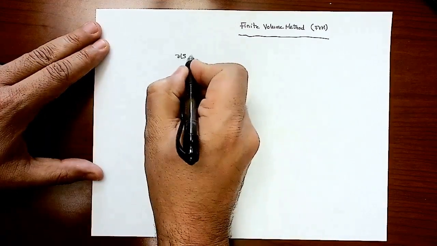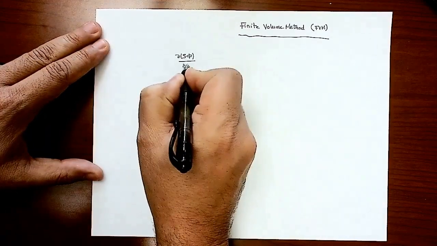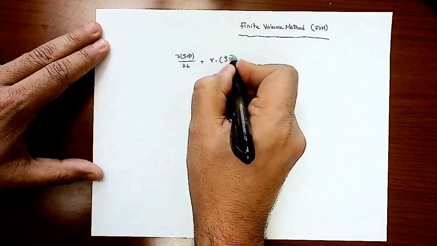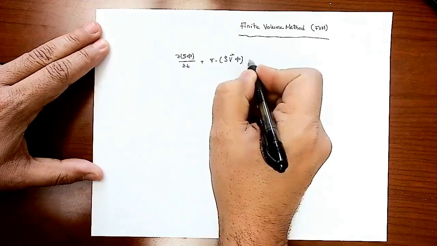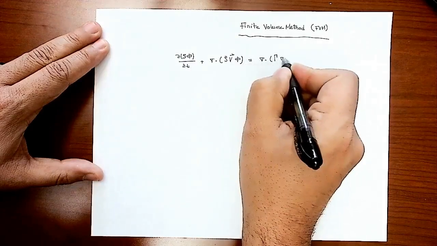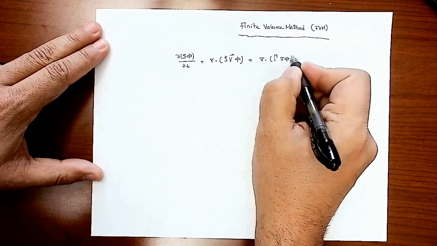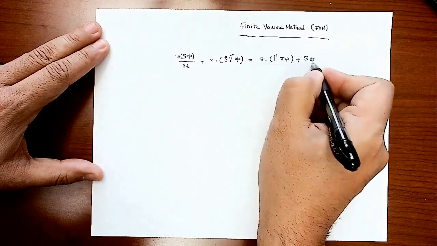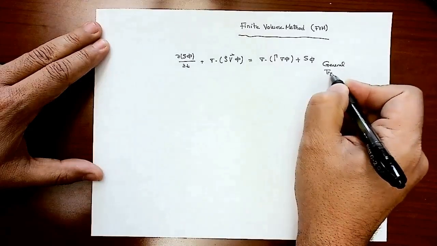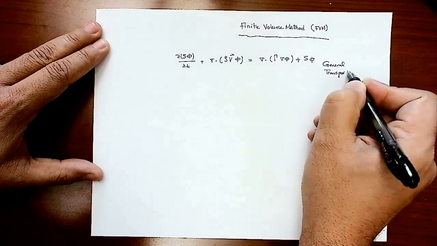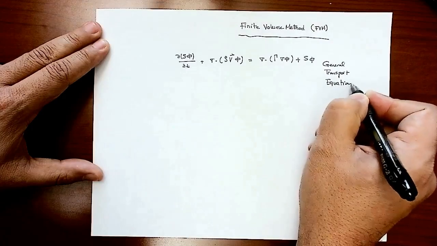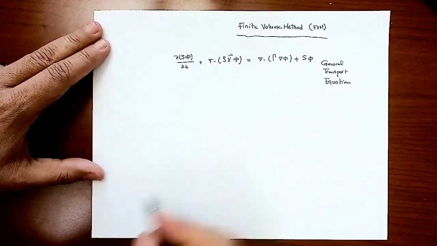Partial rho phi by partial t plus nabla dot rho v times phi equal to nabla dot kappa nabla phi plus the source term. So this is the general transport equation. All we need to do is convert that equation into algebraic equations.